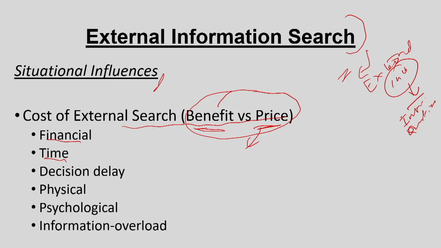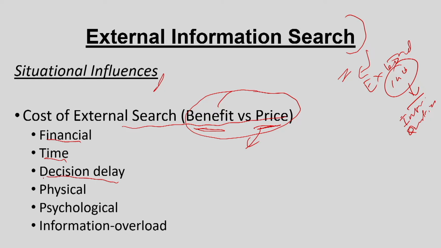At times the information that has been provided to you by the marketer actually delays your decision to buy a product, and in those cases the cost of not getting the benefit of the product is very high, and the price that you pay for the decision delay is not getting the product. And so the external information search is high or low depending on how much the decision delay is.